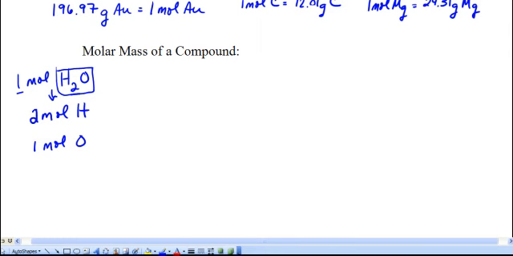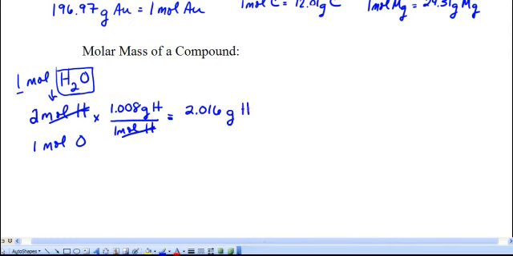So if you use the molar masses that are found on the periodic table to change from moles to grams, the molar mass of hydrogen right off the periodic table is 1.008 grams of hydrogen per 1 mole of hydrogen. Notice the moles on the bottom will divide out with the moles on top, and that gives you 2.016 grams of hydrogen in 1 mole of water.